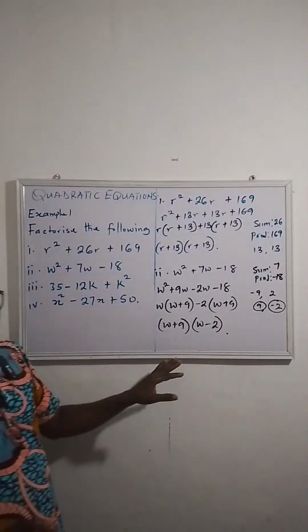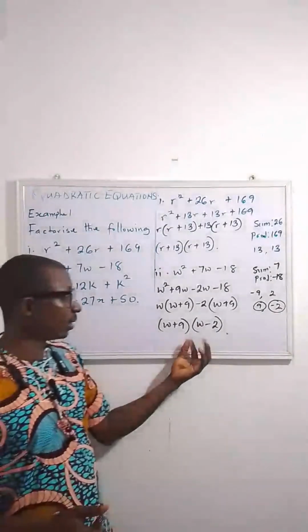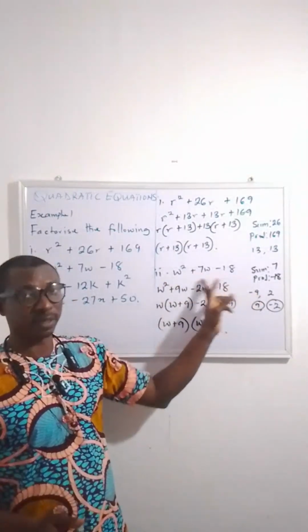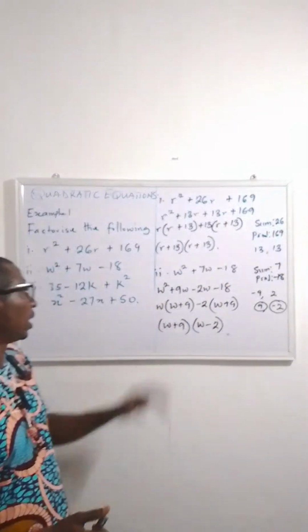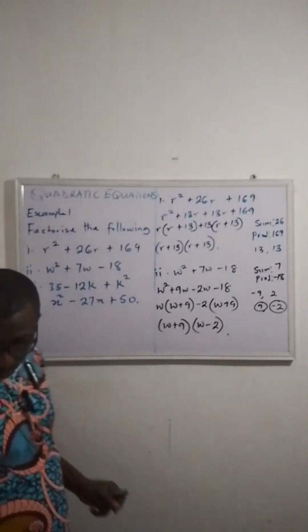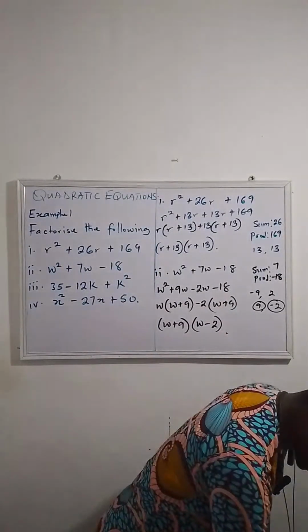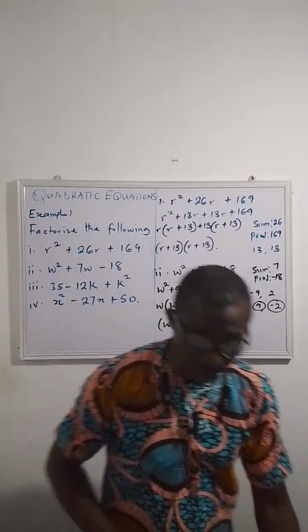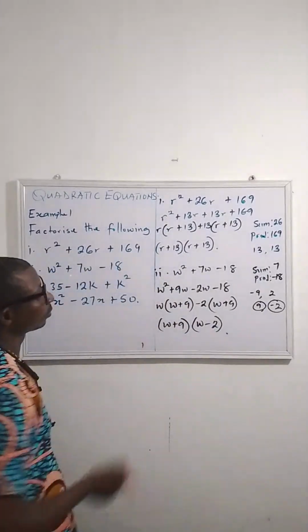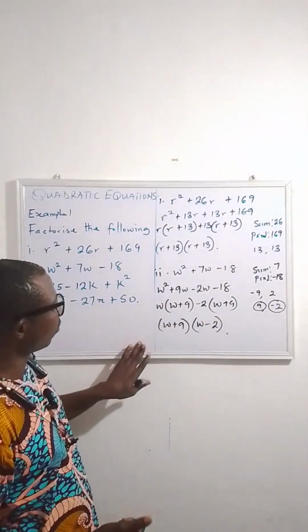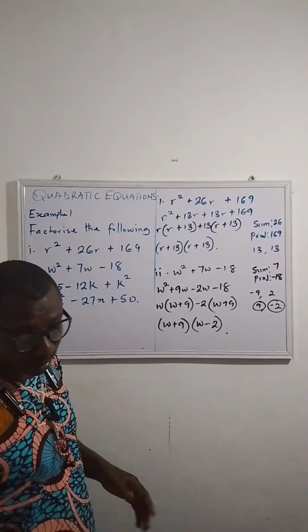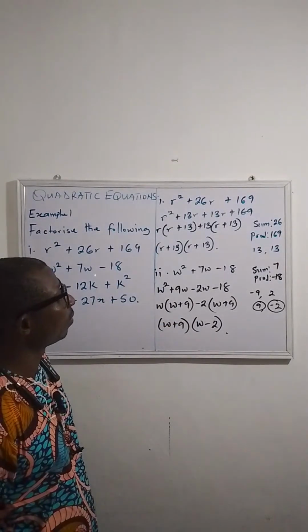You get that now? Okay, so now when you expand this, you are expected to have this. So that is the answer to that. So before I clean the board, I need to show you how marks are awarded. Suppose you are given this type of question in WAEC or in any exam, how will marks be awarded?